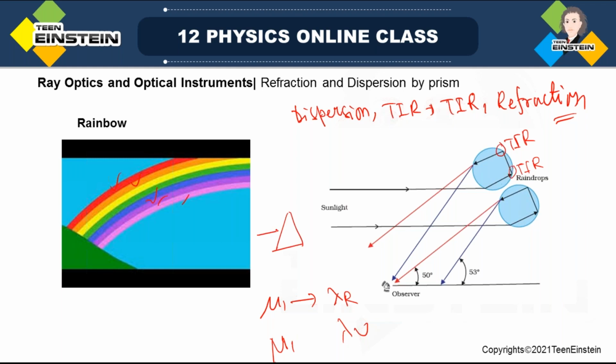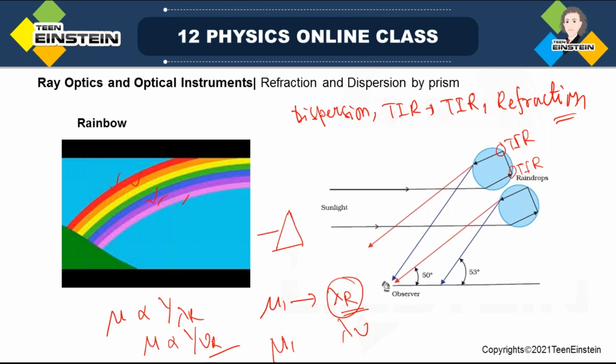So I have glass, but when I use this glass for refraction of red light, the deviation of the red light will be different, because red light has a greater wavelength, and refractive index is inversely proportional to this. Also, refractive index is inversely proportional to the velocity of light inside the medium.